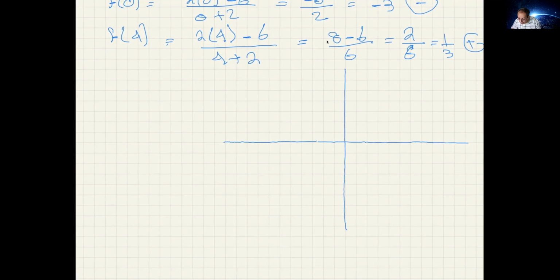Okay, and now I have the X-intercept, which is 3 and 0.